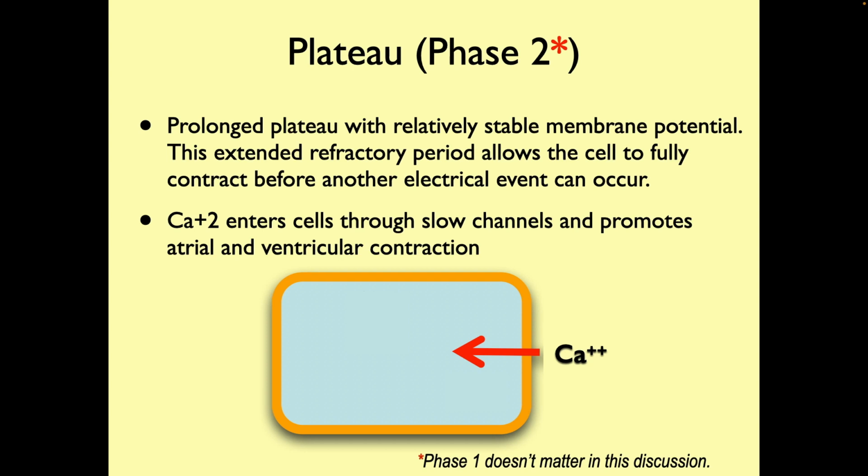Okay, and it's that plateau that's going to allow atrial and ventricular contraction to happen. That space where the electrical activity is just holding steady, it's like, okay, now the contraction is going to happen.